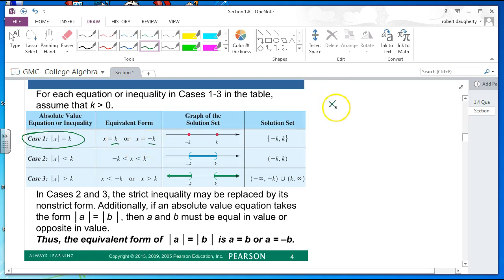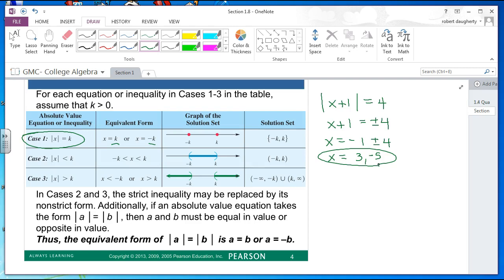So for example, if I had the absolute value of x plus 1 is equal to 4, if I remove the absolute values, there are two numbers, plus or minus 4, that make that. So I'm asking, where is x plus 1 a distance of 4 from the origin? Solve this for x. x is equal to negative 1 plus or minus 4. So x is equal to negative 1 plus 4, which is 3, and negative 1 minus 4, which is negative 5. Those are the two solutions to that equation.